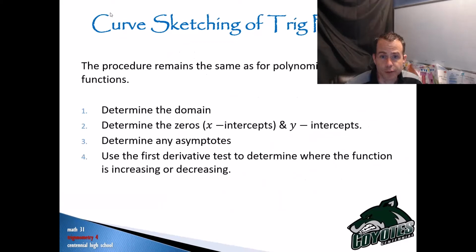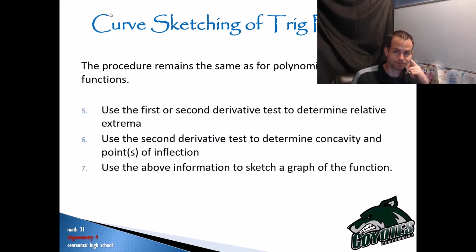So we're going to figure out the domain. Then we're going to determine the zeros, the x-intercepts and the y-intercepts. We're going to take a look at any asymptotes. We're going to use the first derivative test to determine whether the function is increasing or decreasing. Then we'll take a look at the second derivative or the first derivative test to determine relative extrema, so local max and mins.